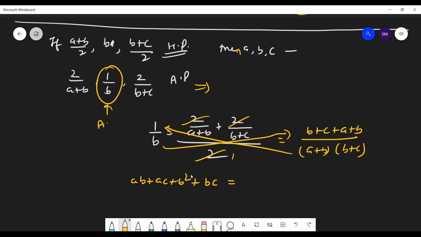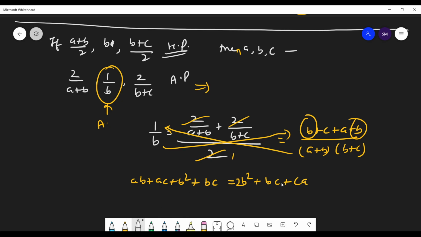This has gone this side, yes? So multiply B with all these terms. What do you get? So B square plus, see, you have two terms of B, so you can write them as 2B. So 2B into B is 2B square, right? Plus BC plus CA. Okay.